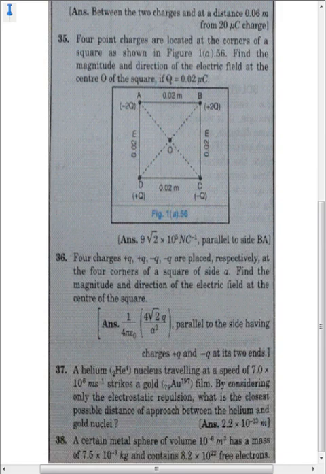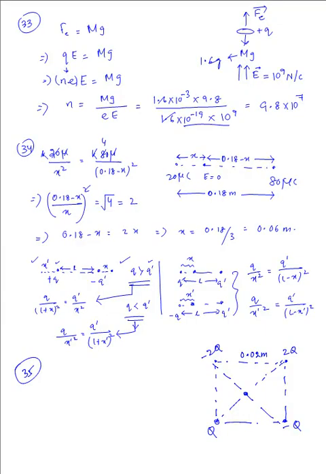We have done a similar one earlier. So now we have this value, so let's check. This is the arrangement. We have been given that the value of q in each case is 0.02 microcoulomb.